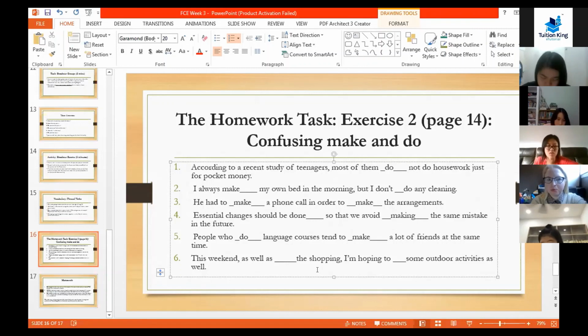The form of the verb is a bit difficult here. So we know that for shopping, we have to use, do we make the shopping or do we do the shopping? Do. We do the shopping, yes, but you have to pay attention to the rest of the sentence.